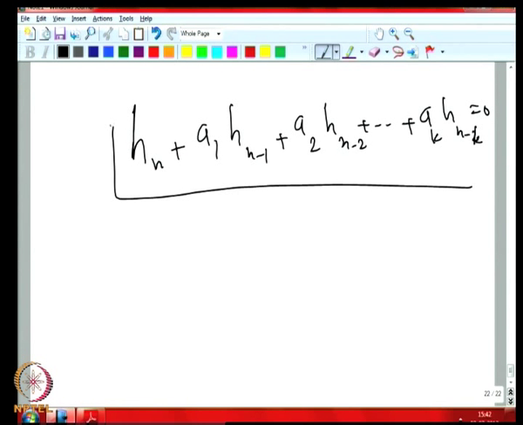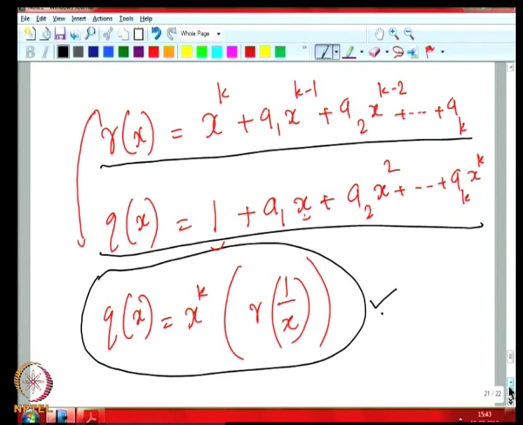So this is the recurrence relation, and the characteristic equation for this was written here, this one, right.